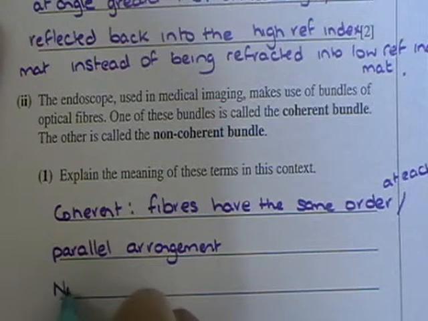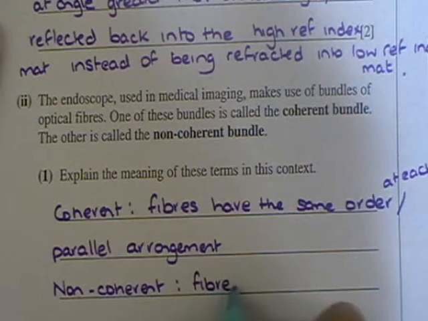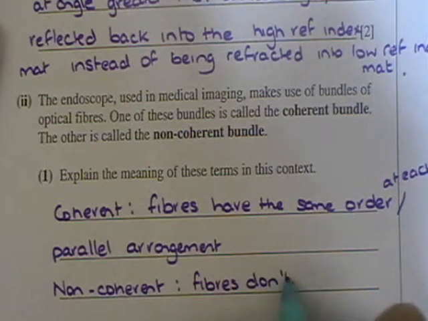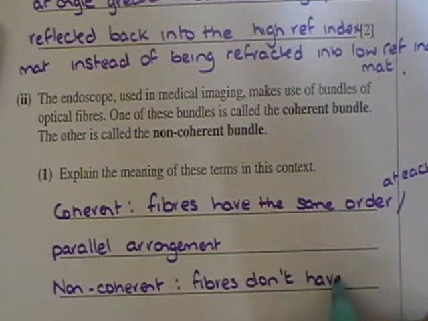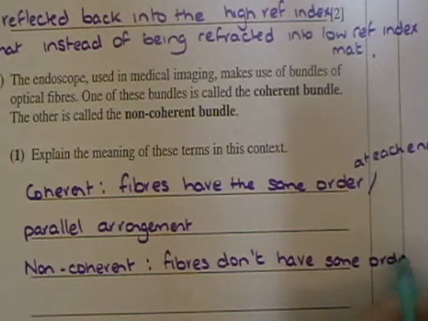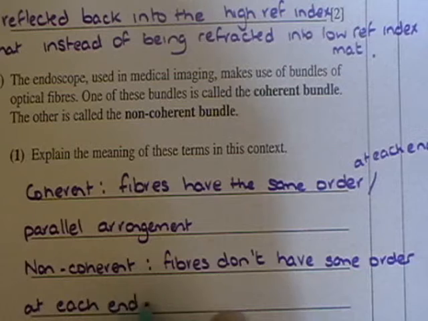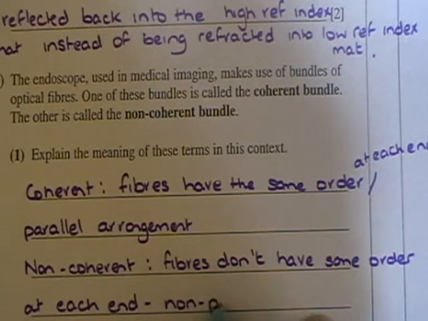And then non-coherent is obviously the opposite of that. Fibres don't have the same order. Now that doesn't necessarily mean that they are tangled, and you might be careful about using that word, don't have the same order. Or you could say that they are non-parallel.